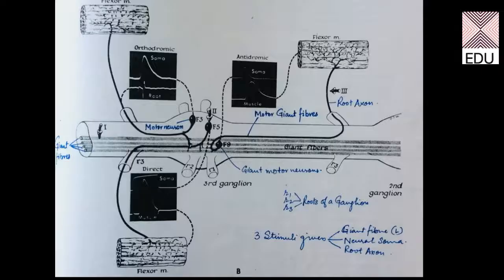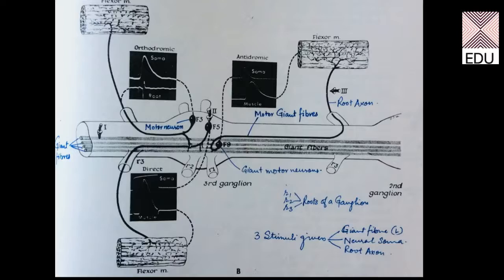So students, this particular diagram is giving you the 3 cases of the stimuli given at different points. First was given at the giant fiber level, second was given to the neural soma of F5, and third is given to the root axon, and all the 3 stimuli are showing you orthodromic, direct shift, and the antidromic kind of responses.